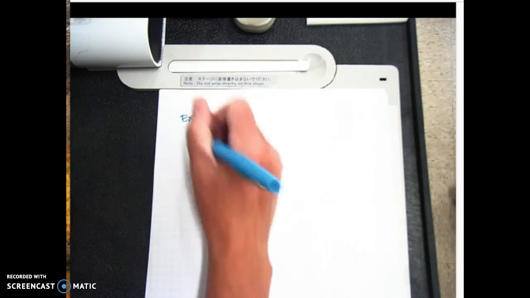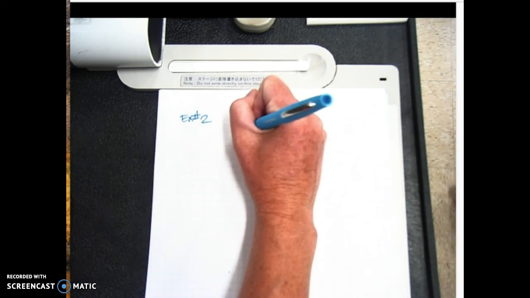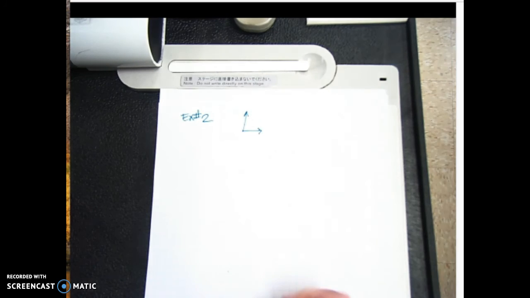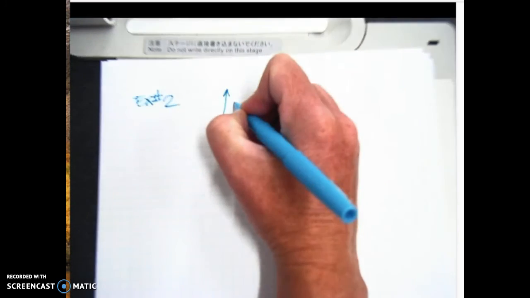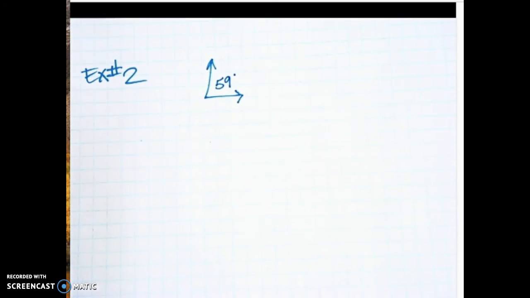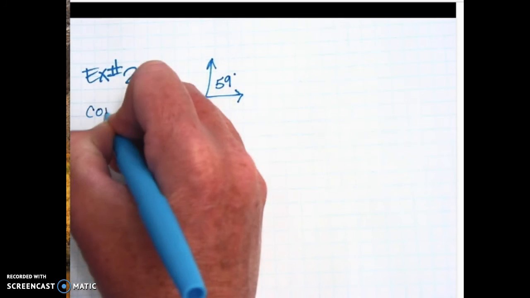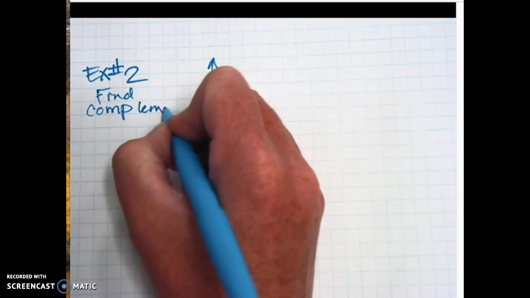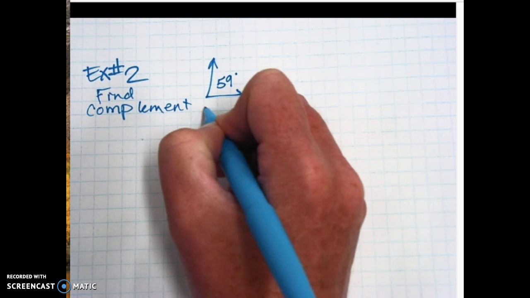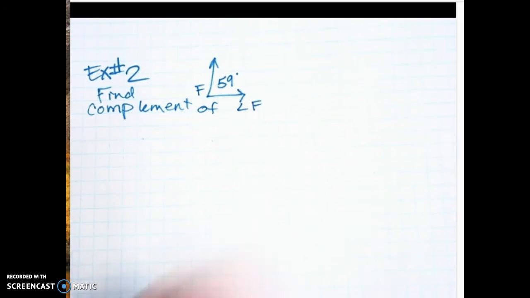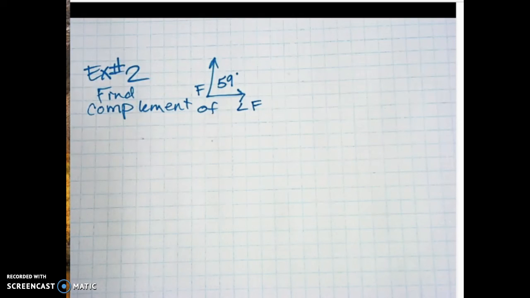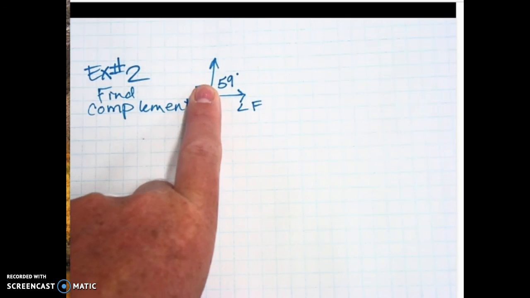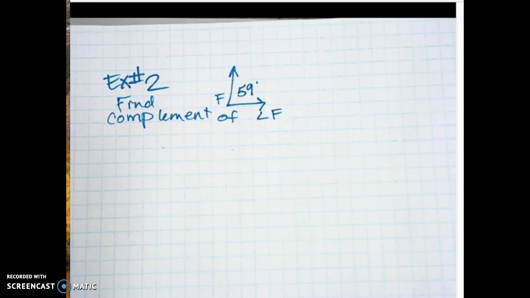I just want you to see the wording on something. If you have an angle by itself, and say it's 59 degrees, you might be asked to find the complement of it, and we'll call it angle F. Complementary means they should add up to 90, but if you're asked to find the complement of, you're not going to add, you're going to subtract.